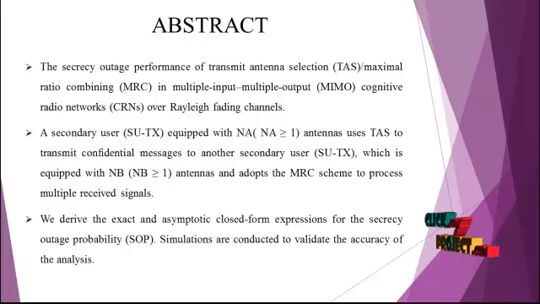A secondary user equipped with NA antennas uses TAS to transmit a confidential message to another secondary user, which is equipped with NB antennas and adopts the MRC scheme to process multiple received signals. We derive the exact and asymptotic closed form expression for the secrecy outage probability. Simulations are conducted to validate the accuracy of the analysis.